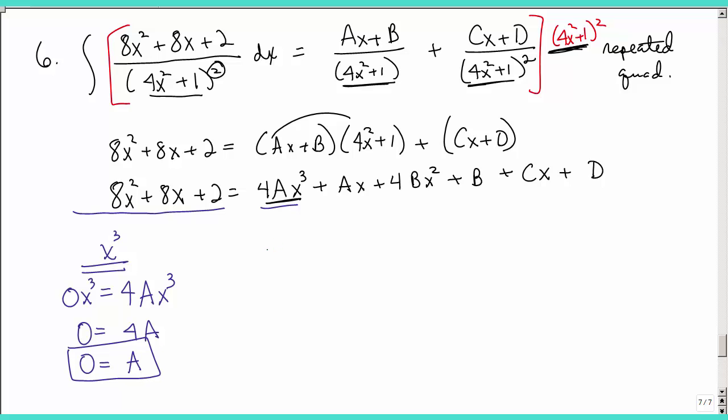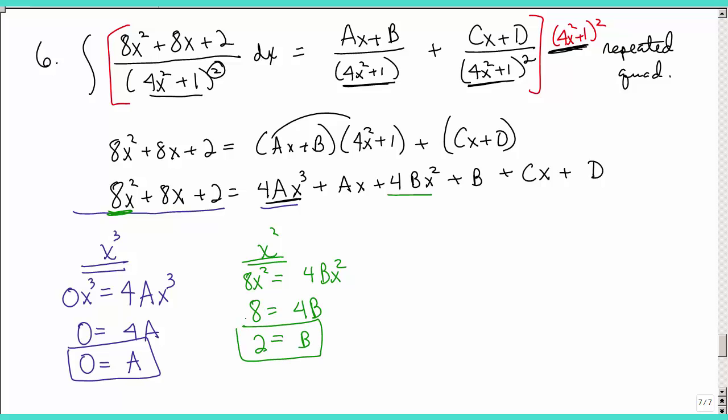What about, I'm just going to go in descending order, x squared. Well, I have 8 on the left, 4b, and then that's it. So I have 8 equals 4b, so b is 2. That's not so bad.